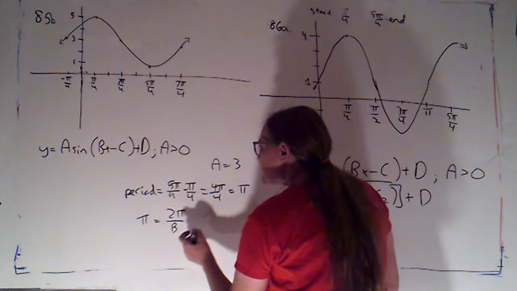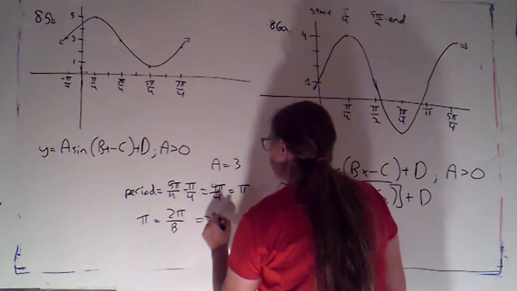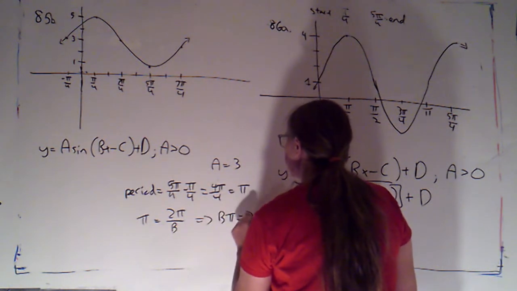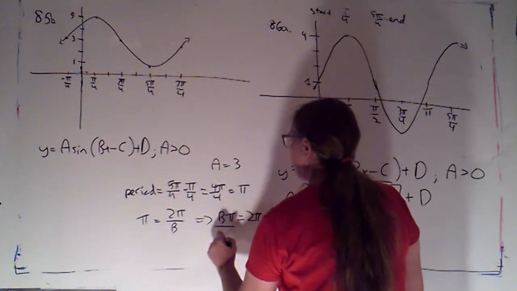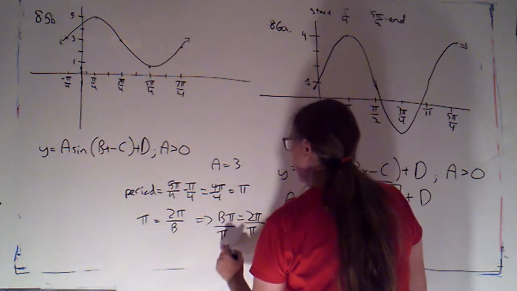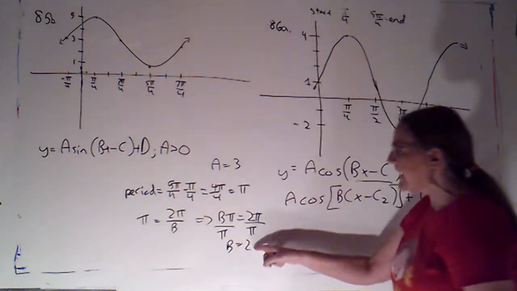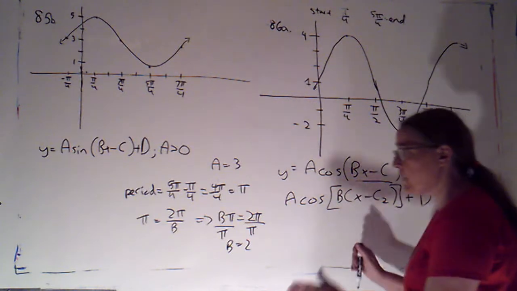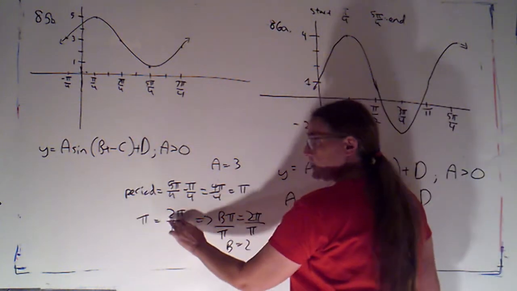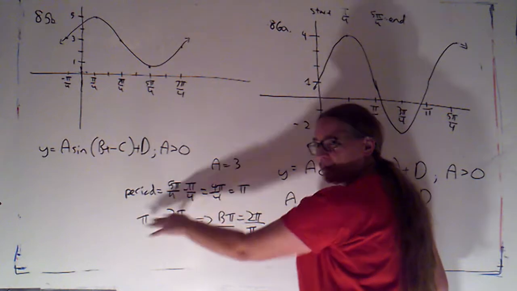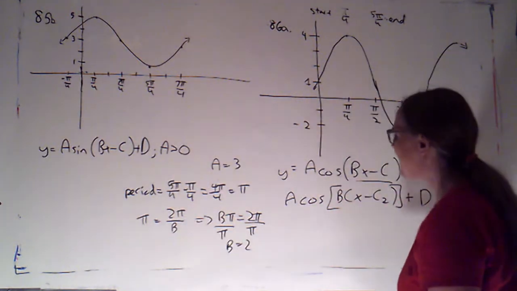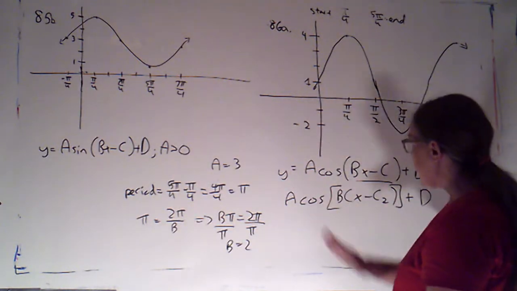So this would mean B times pi was equal to 2 pi. To solve for B, I'll divide both sides by pi, and B is 2. And notice I did get a positive number. I knew I would because the period and the original period before transformations are both positive numbers. All right, so I've got my A, I've got my B.